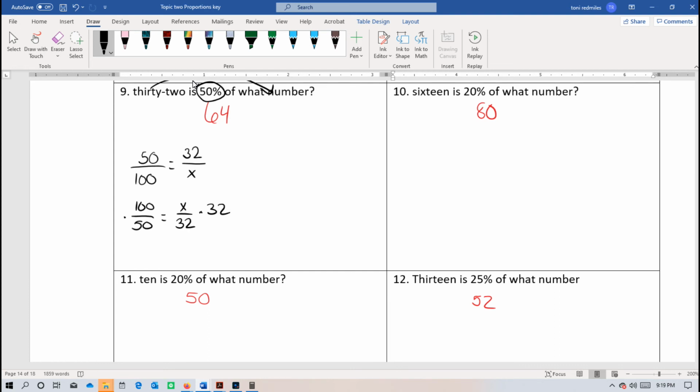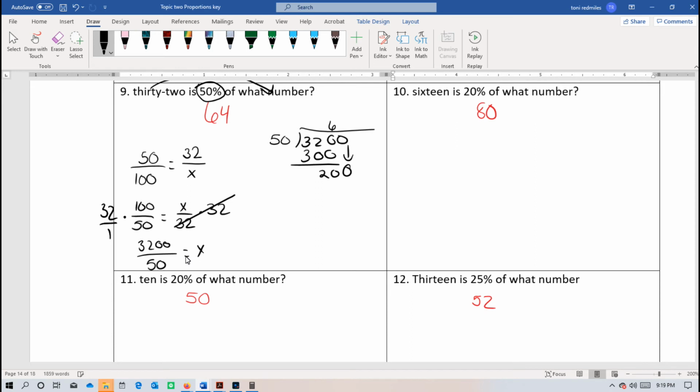Now I'm going to multiply both sides by 32. It's going to cancel here. This is going to give me 3200 over 50. Let's go ahead and divide these. It's going to be 6 because 6 times 50 is 300.